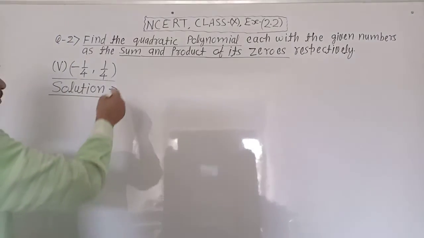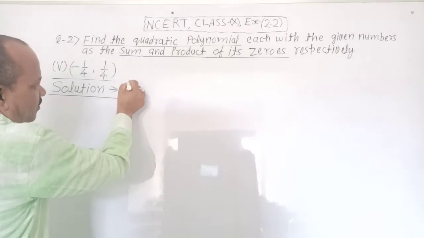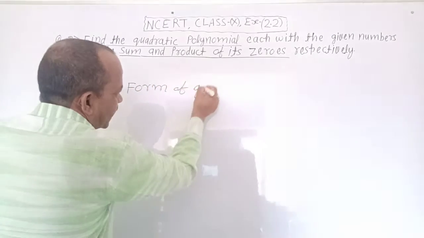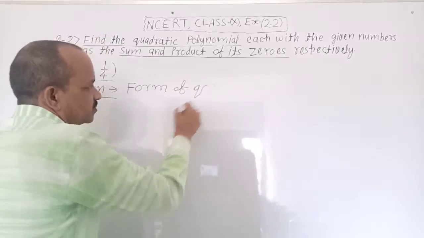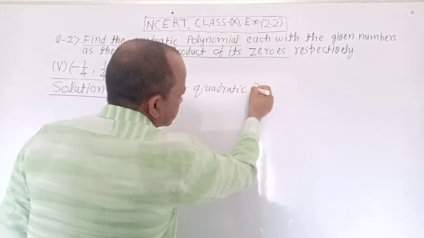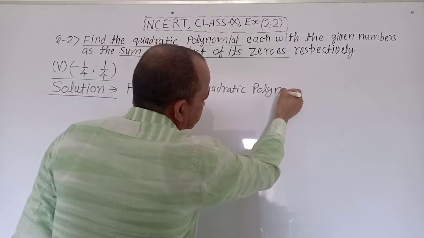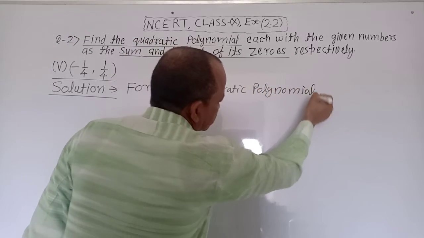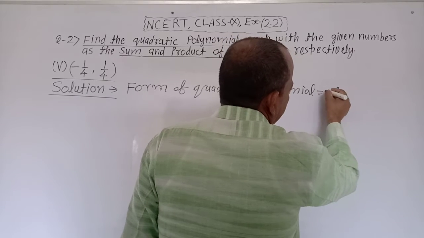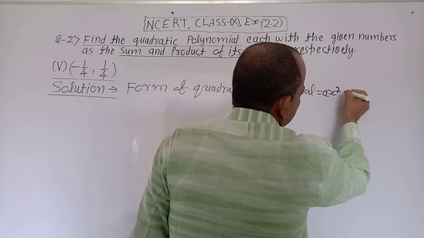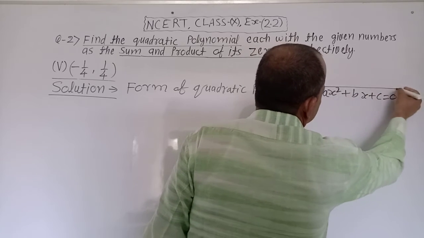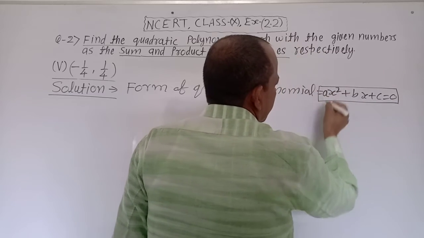See the form of quadratic polynomial, ax square plus bx plus c equal to 0.